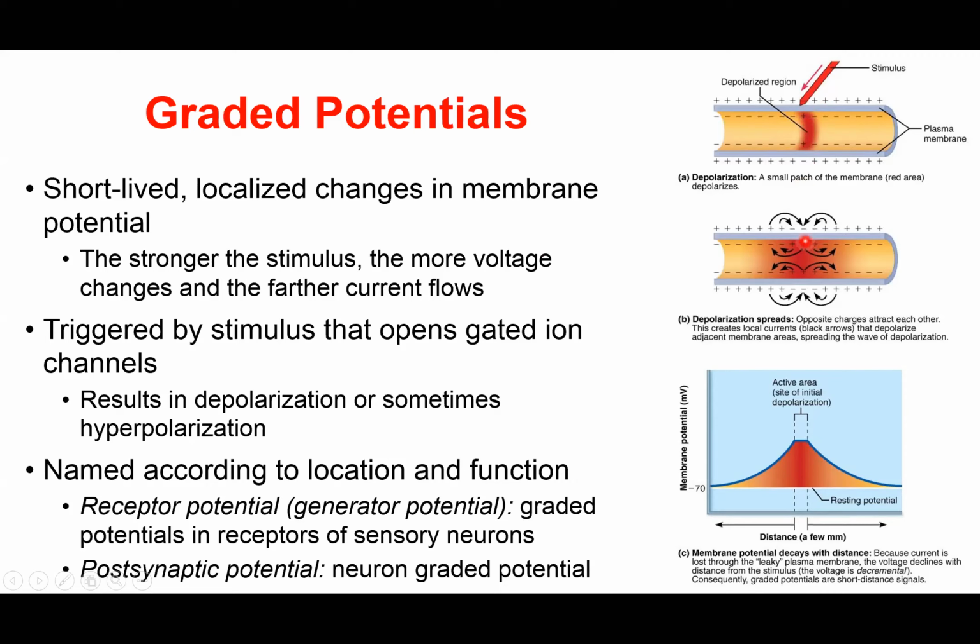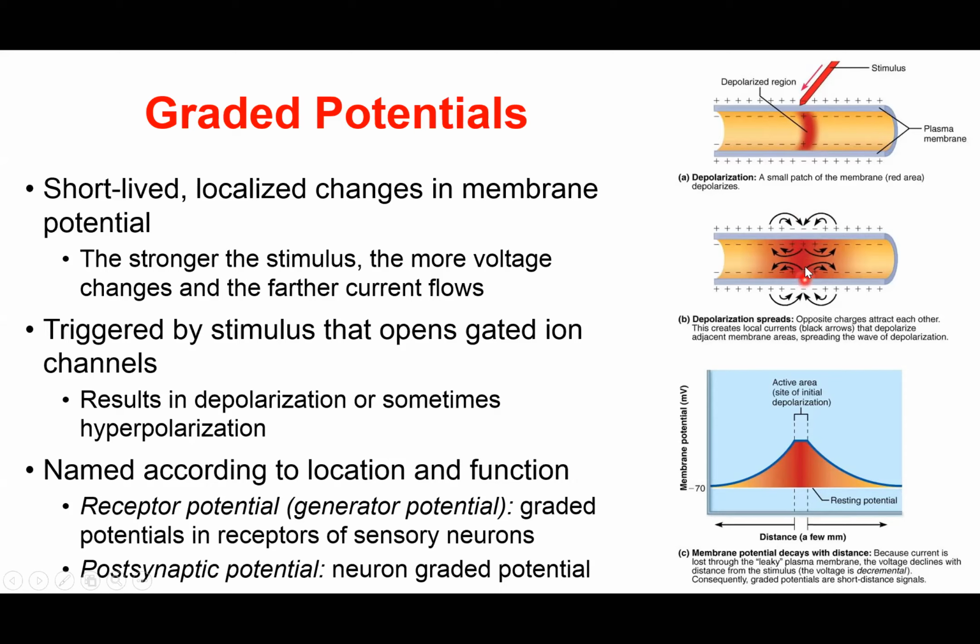Because opposite charges attract each other, this is going to create local currents, which are represented by these black arrows, that are going to depolarize the membrane areas that are right next to the original stimulus. So we know the original stimulus was this one here.